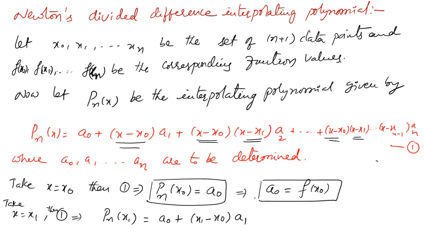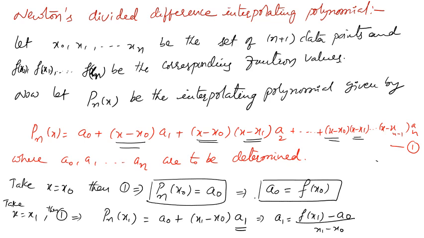Now let us write the a1 value. What is a1 from this expression? a1 is equal to, Pn of x1 means f of x1 minus a0, divided by x1 minus x0.